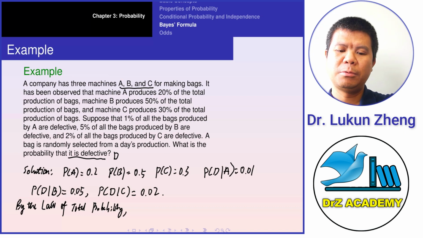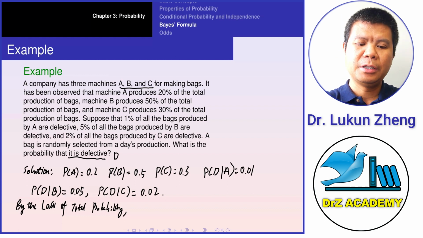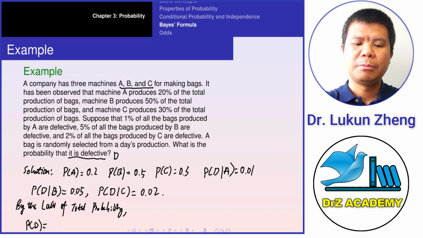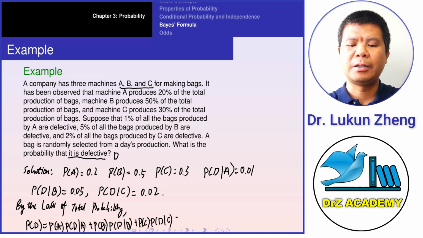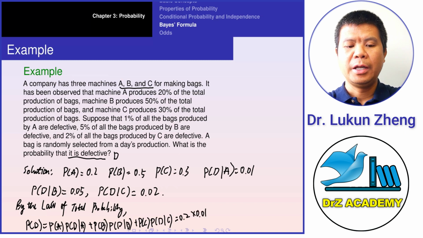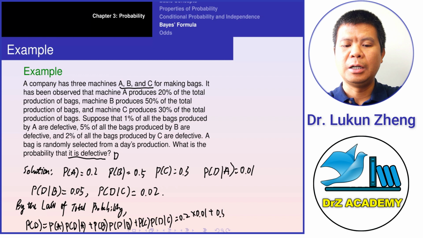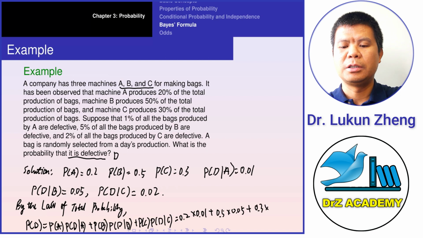So by the law of total probability, we have P of D equals P of A times P of D given A, plus P of B times P of D given B, plus P of C times P of D given C. Which equals P of A, 0.2, times 0.01, plus 0.5 times 0.05, plus 0.3 times 0.02.